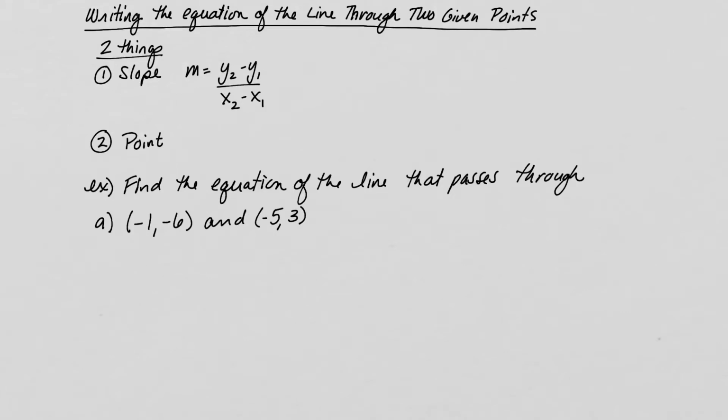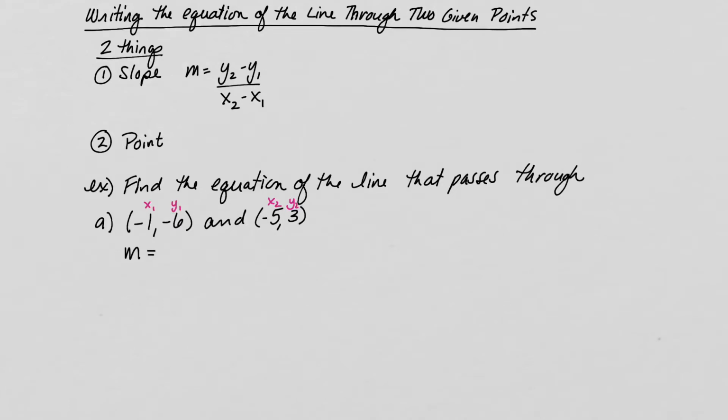Okay, so the first thing I'm going to do is find the slope, right? To be able to write the equation of the line, I need to find the slope. So we'll label these. This will be x1, y1, and this will be x2, y2.